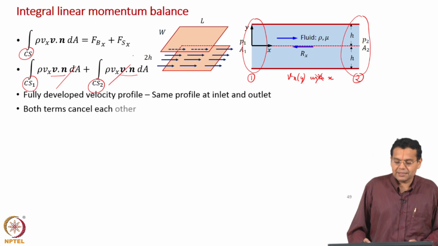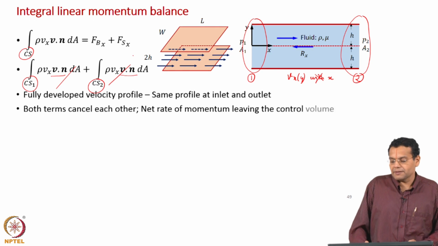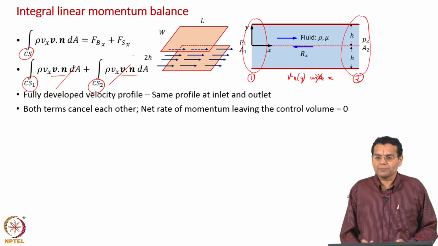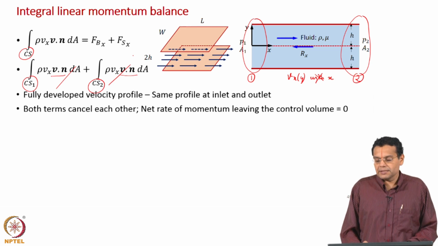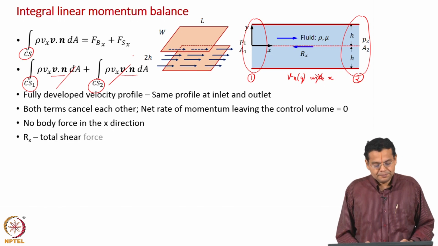What does it mean? Net rate of momentum leaving the control volume is equal to 0. Whatever rate of momentum enters, the same leaves the control volume. We are writing the linear momentum balance along the x direction and there is no body force along the x direction.